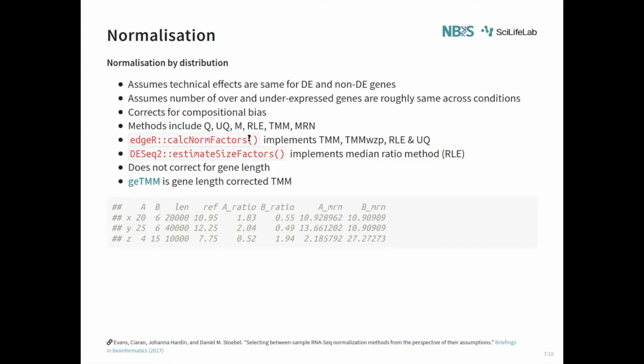You just need to know this, because when you run the analysis in any of these packages, it is automatically done for you. But this is what's happening behind the scenes. And as I mentioned before, this doesn't correct for gene length because it's not useful.